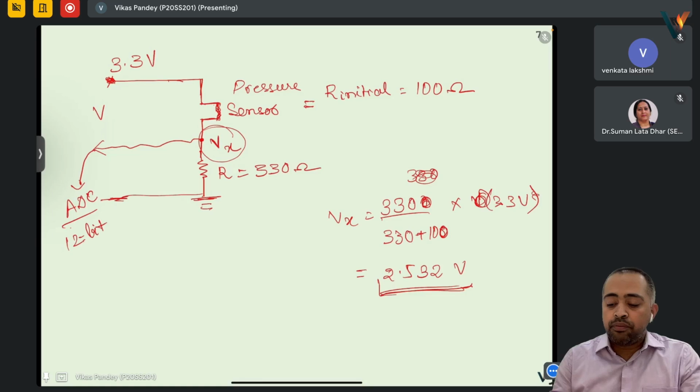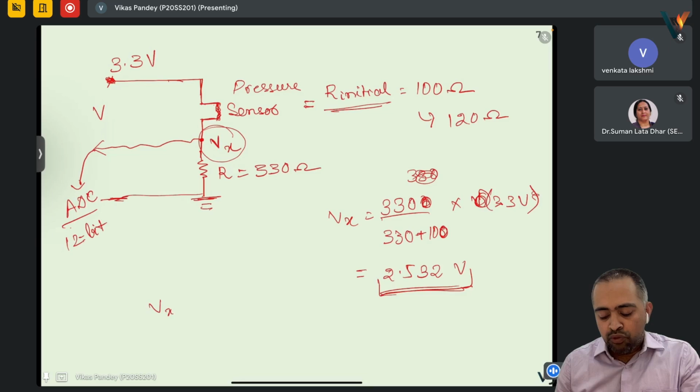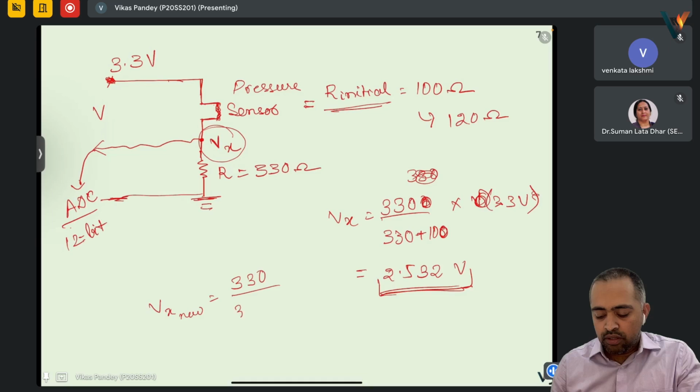Now, if this resistance changes to say 120 ohms, what will be the new Vx? Any calculations? The load is still 330, so 330 divided by 330 plus 120, multiplied by 3.3 volt.